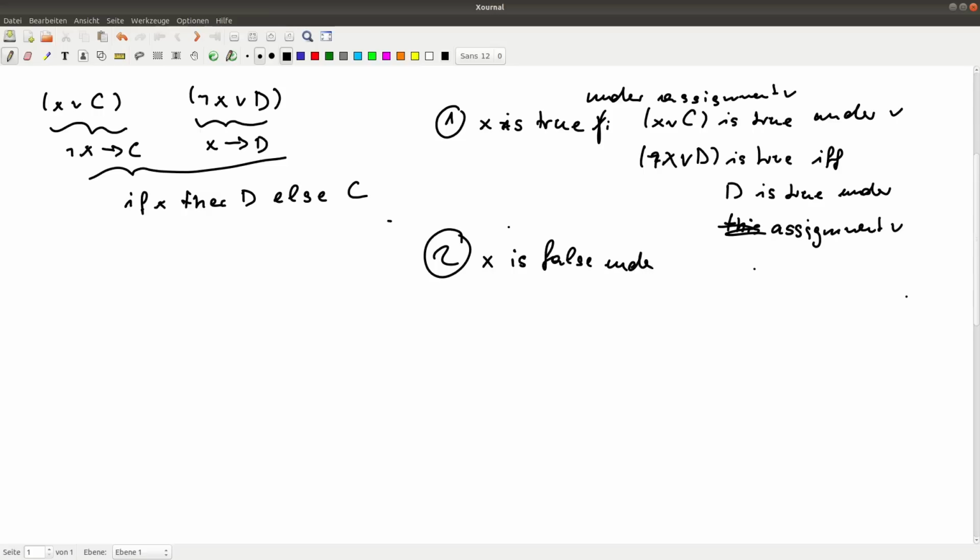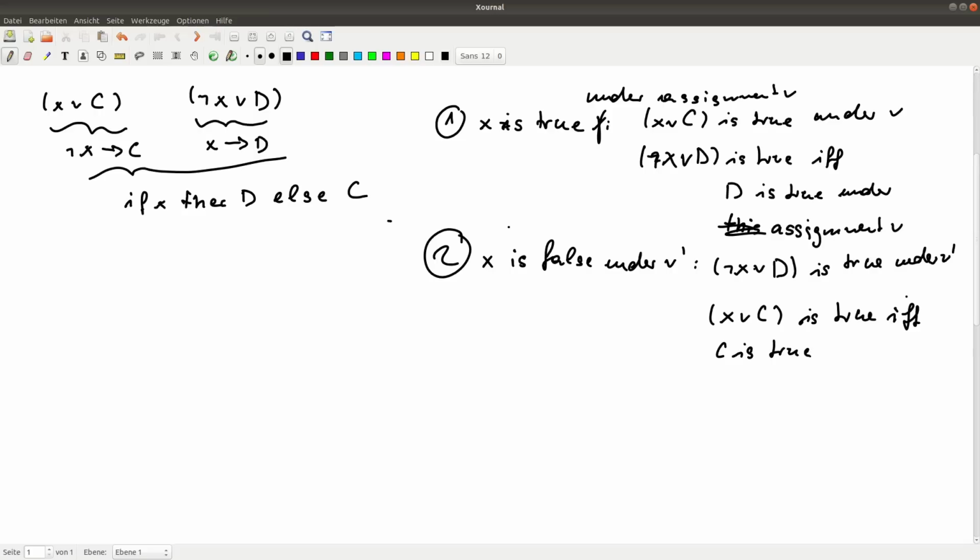under an assignment V prime, then not X or D is true under V prime, and X or C is true if C is true under V prime.